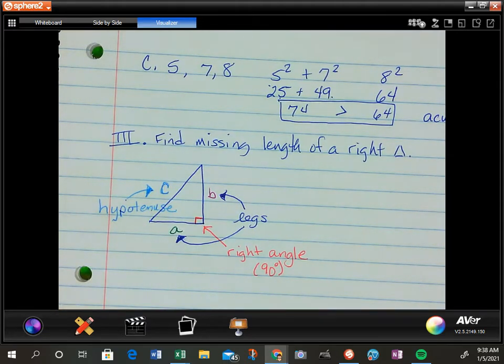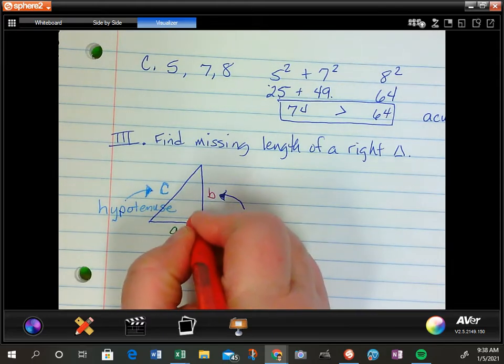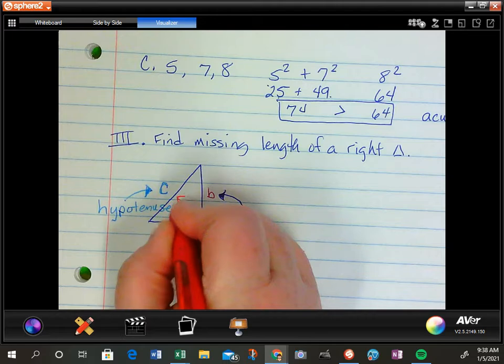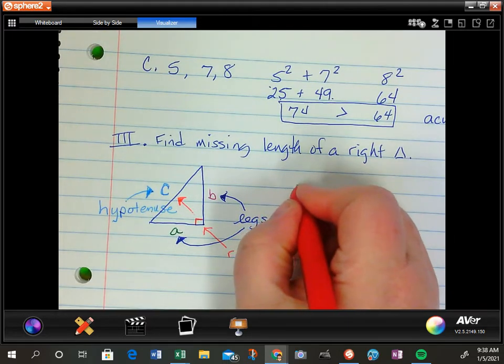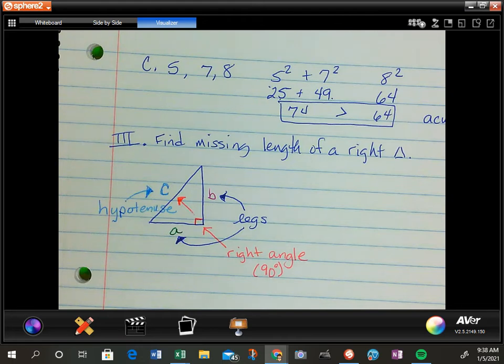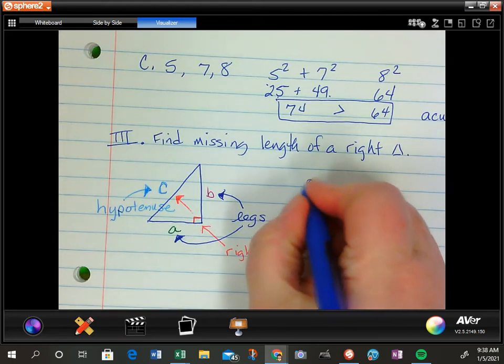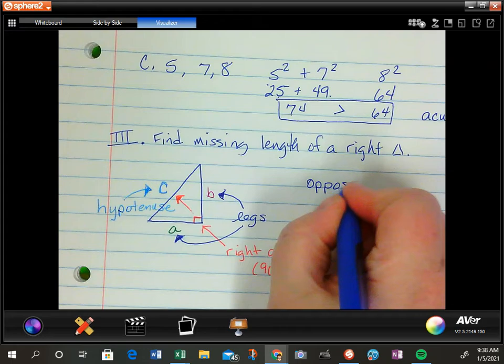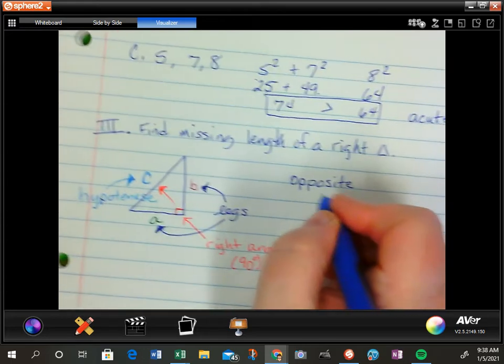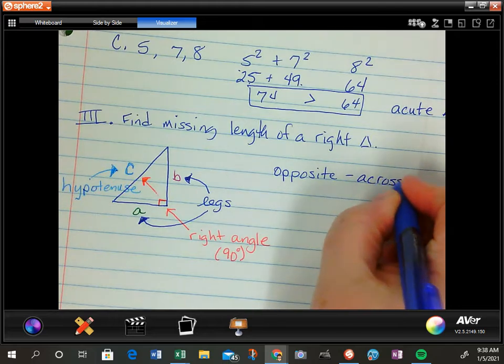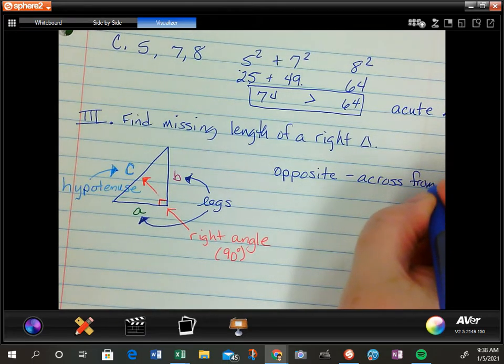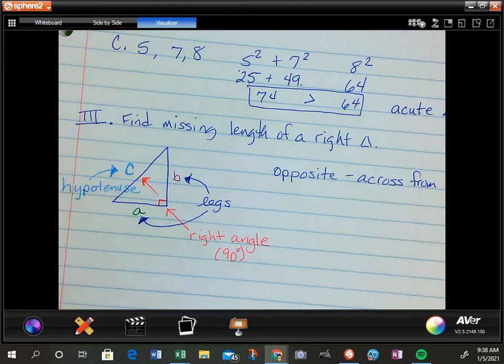C is the hypotenuse. It is across or opposite the right angle. So let's write the word opposite. Opposite means across from. And the word adjacent.